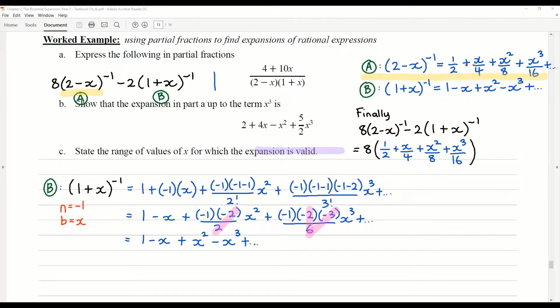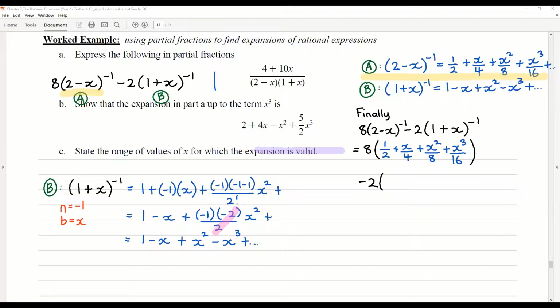Okay, I'm just going to erase some of this just so we don't get mixed up. I've done all this now. Okay. Then we're going to subtract what we've just discovered. So we're going to subtract 2 lots of the 1 plus x to the power -1.